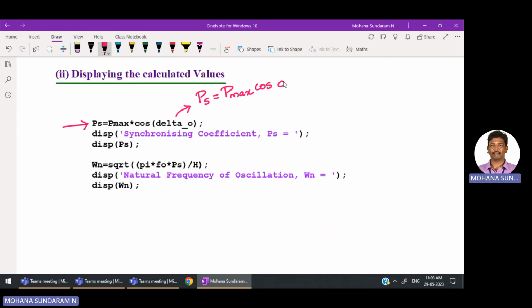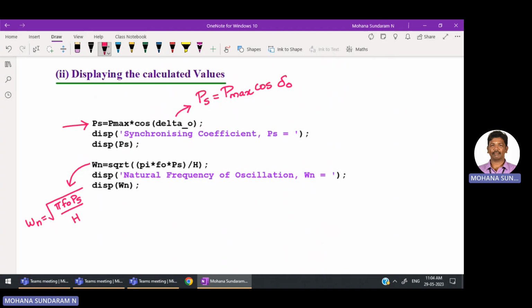And here we use the formula Wn is equal to square root of pi f naught PS divided by h. Correct? So this line and this line tell you the equation. So we have converted the mathematical equation into a MATLAB code.